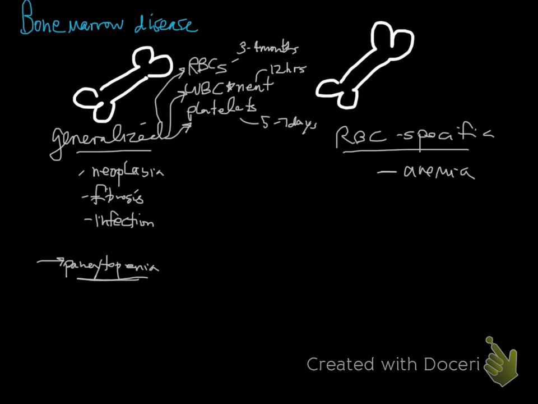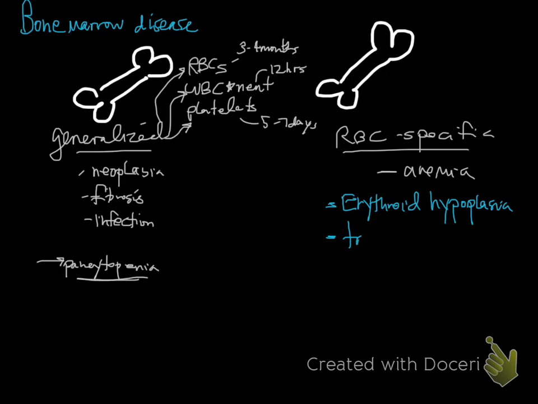In this case, the marrow stops making red blood cells altogether, and that's called erythroid hypoplasia. This can be immune-mediated or idiopathic; we don't always know what happens.